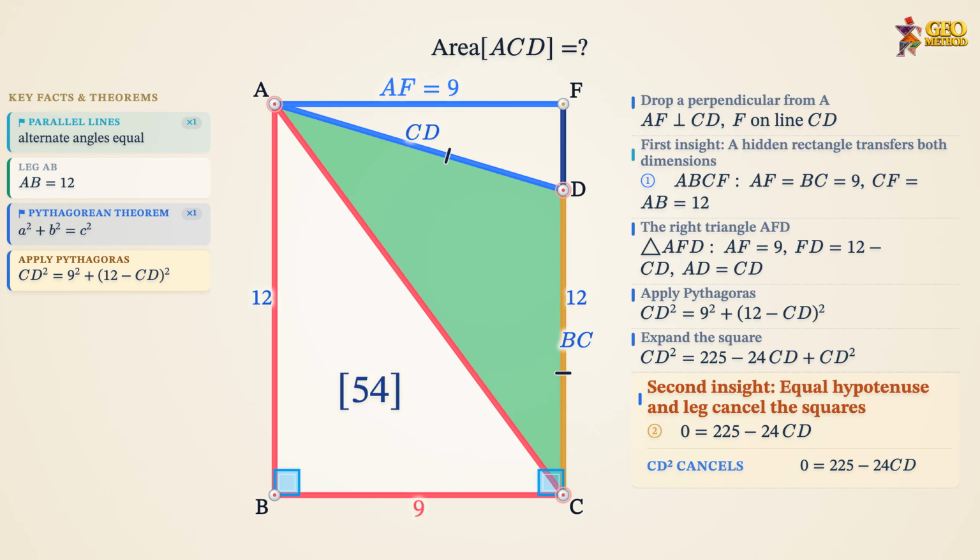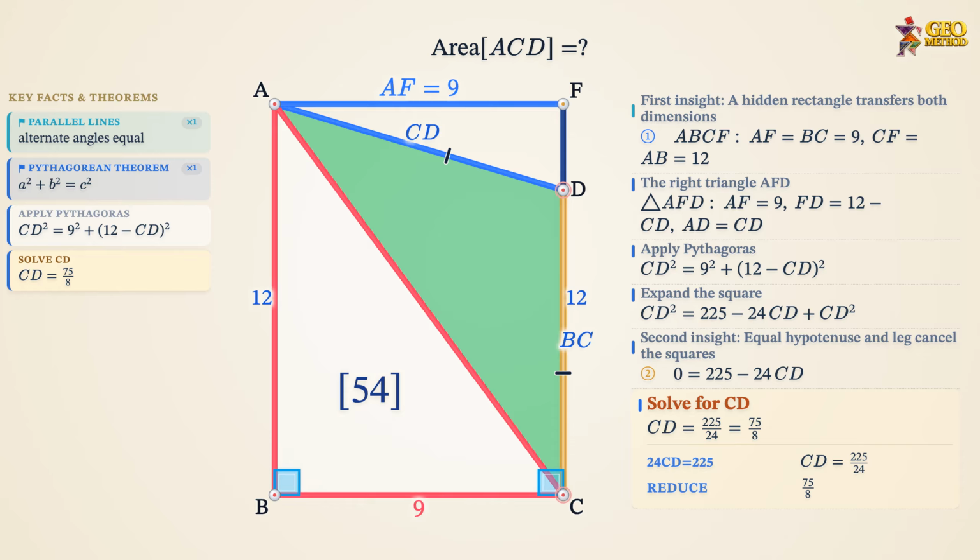Equal hypotenuse and leg cancel the squares. Move 24 segment CD to the left and divide. Segment CD equals 225 over 24, and canceling a common factor of 3 gives 75 over 8, or 9 3/8.